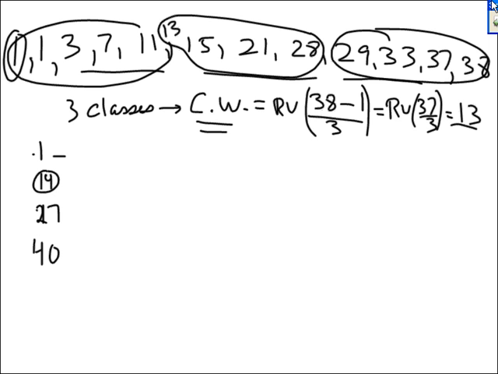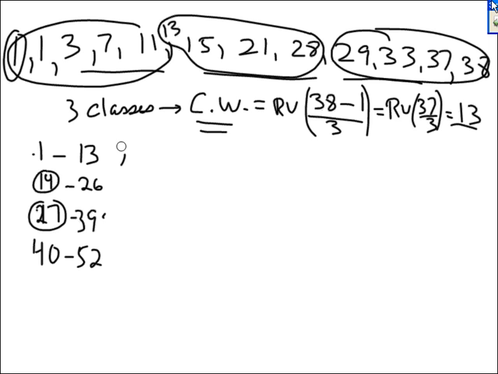What's before 14? 13. Now you can do that to the 27. What's right before that? 26. Or you can take that number, which happened to be 13, that's a coincidence, and add 13. And then add 13. And then add 13. And there are your classes.